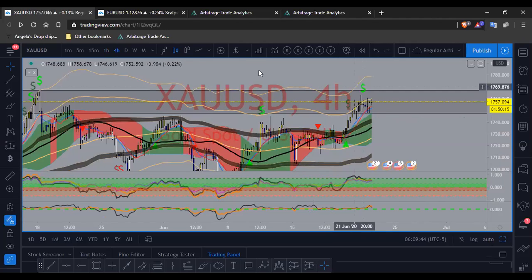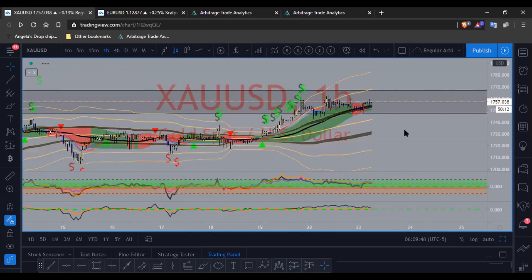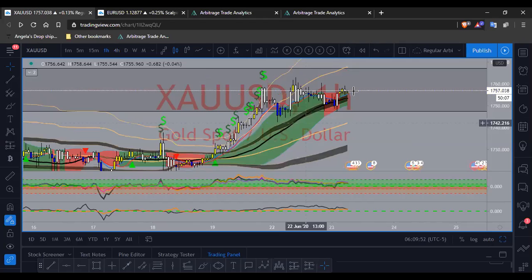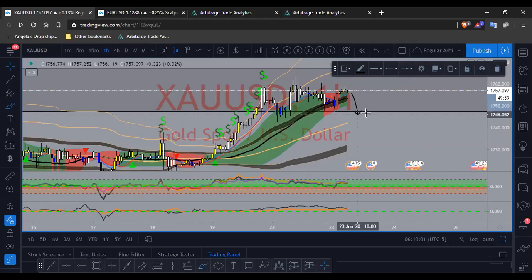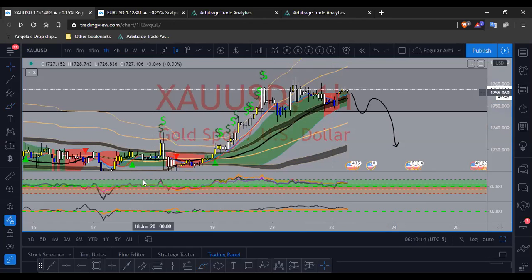So still watching that, but other than that, the way I would sell gold is if price breaks through the RSI line, comes back to retest it, and then drops. That would be the trade setup I'll be looking for this morning, because it does look like it is setting up for a sell.